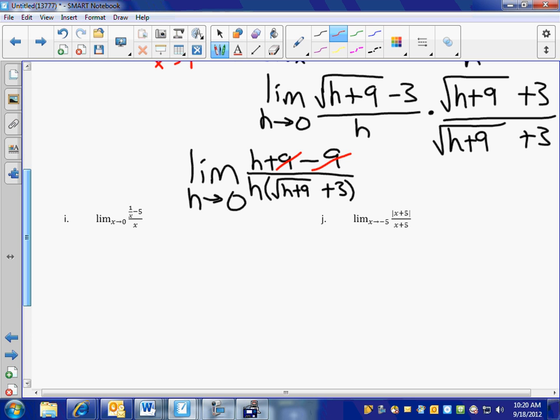The h's also cancel, which gives you what in the numerator? 1. So we're left with the limit as h approaches 0 of 1 over the square root of h plus 9 plus 3. Can I now plug in 0? Yes, and I get 1 over 6.